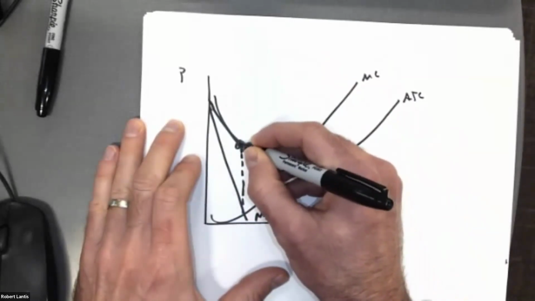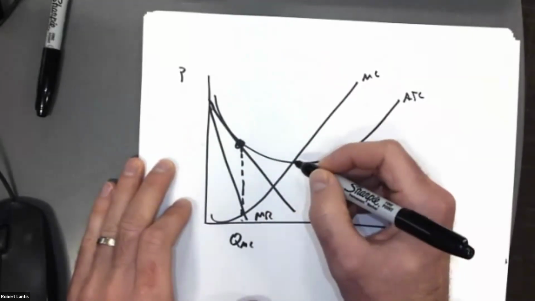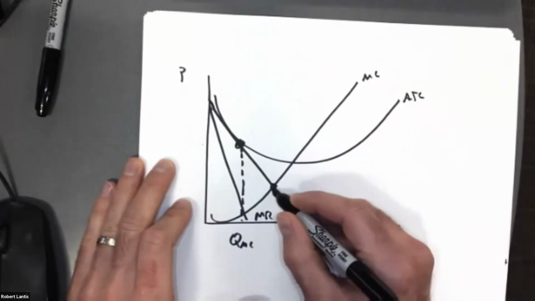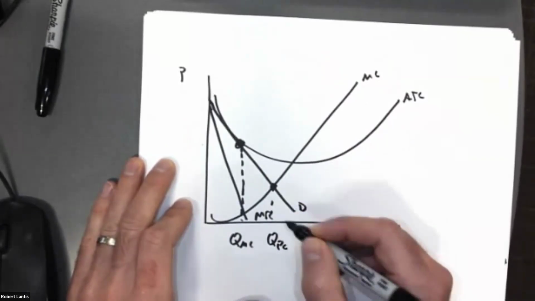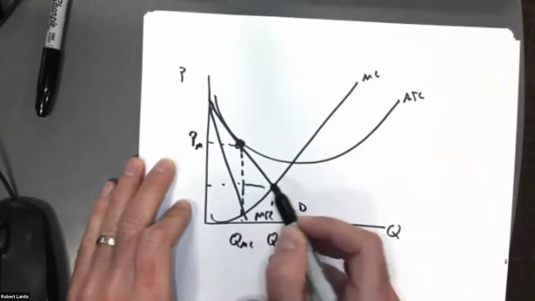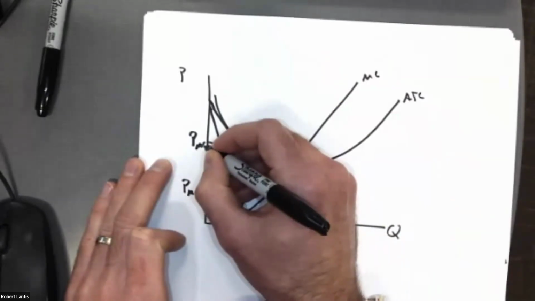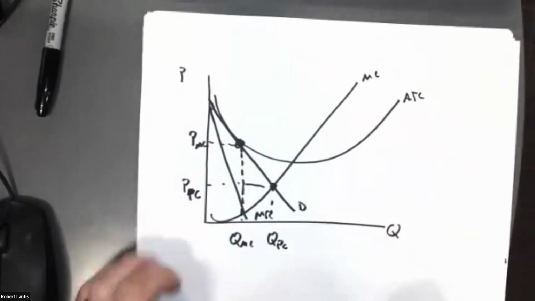Not quite there, but you can imagine. So the monopolistically competitive quantity, we said relative to that perfectly competitive quantity is always going to be lower, and the price they set, MC, PC, right?